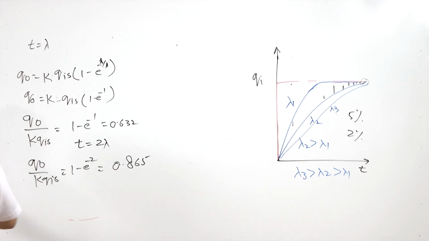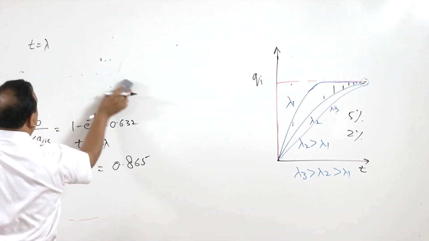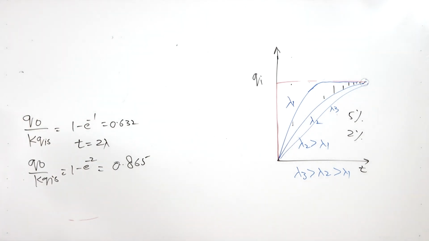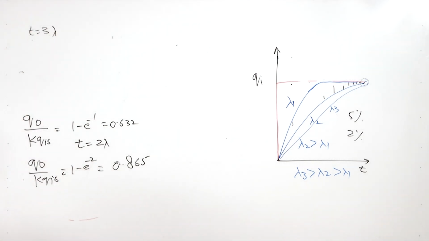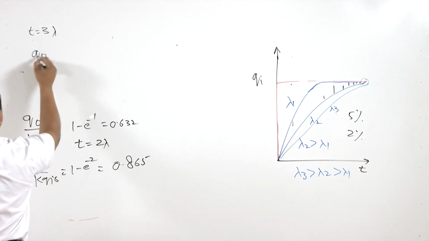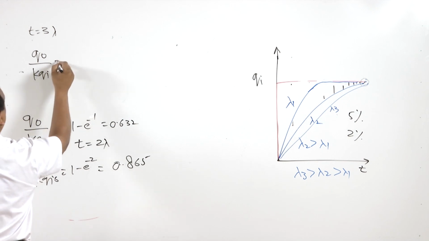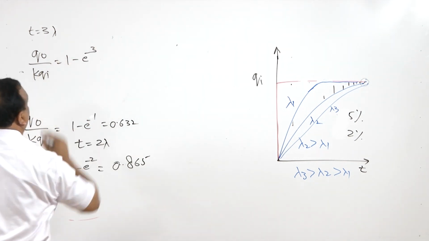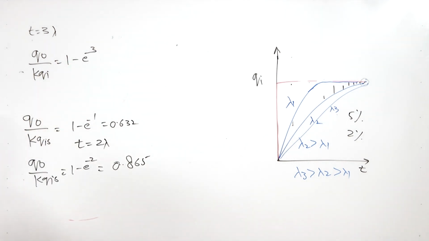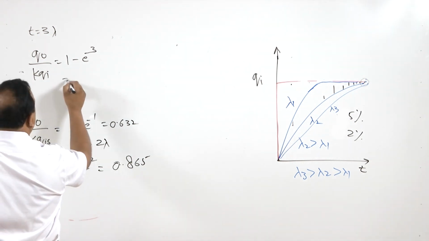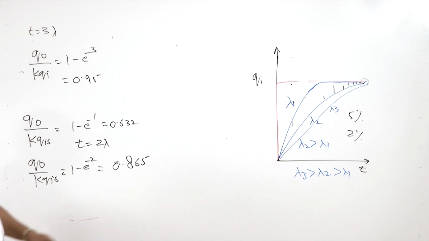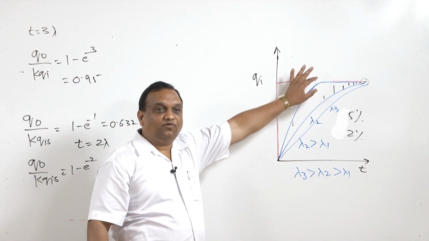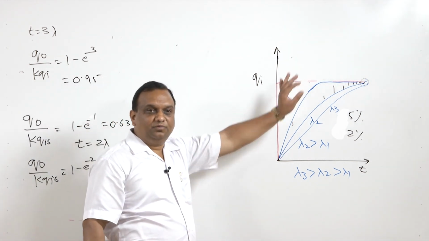Now again we take t is equal to 3 lambda. Then Qo by K Qis is 1 minus e raised to power minus 3, and this gives the value 0.95. Now we have reached the 95% band, or 5% band of the final value.